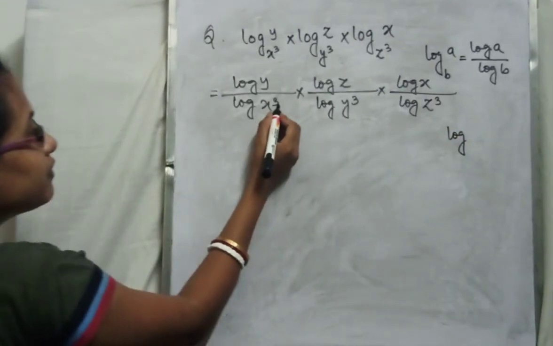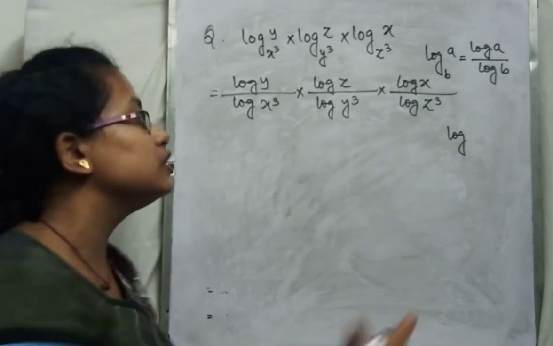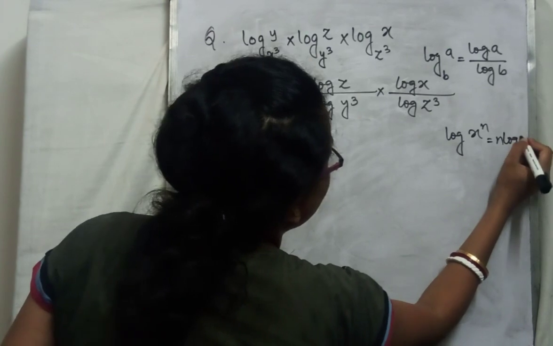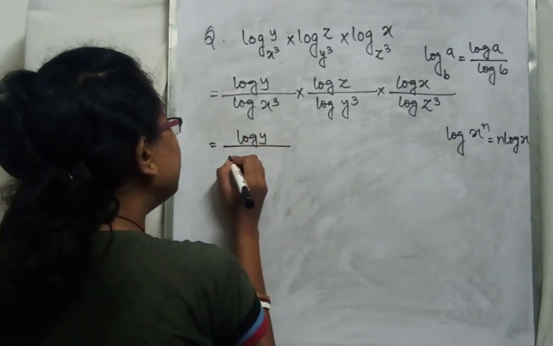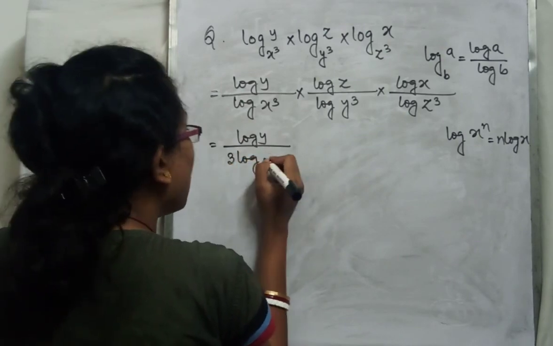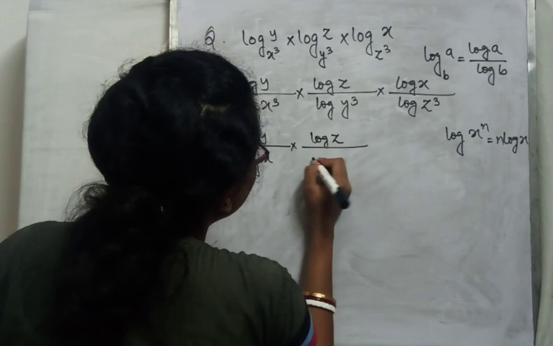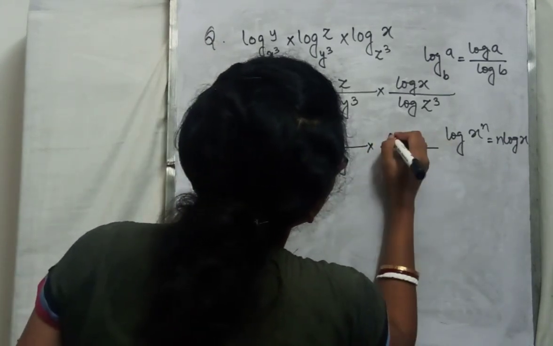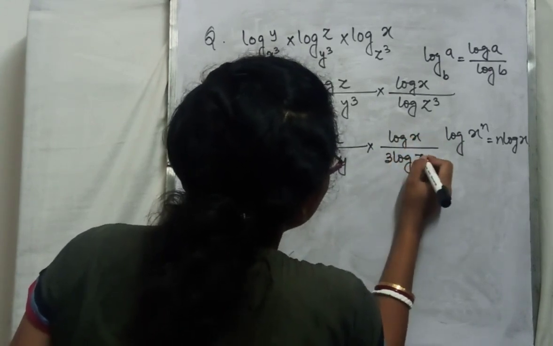Okay, and then use this formula. See, here you have the power, and wherever you see the power, you just use log x to the power n equal to n log x. So use it here: log y by 3 log x into log z by 3 log y into log x by 3 log z.